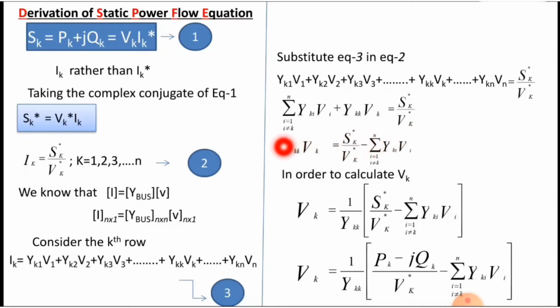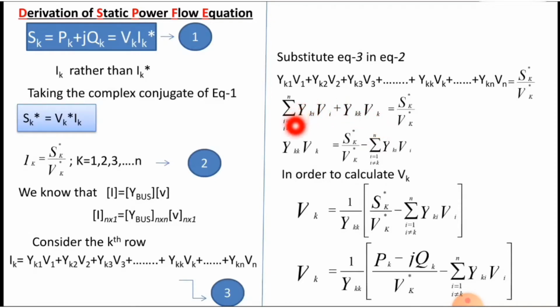Why am I considering this i is not equal to k? I am not including the Ykk Vk value in this term. That's why, in this expansion as the summation, we are omitting the value of Ykk Vk.